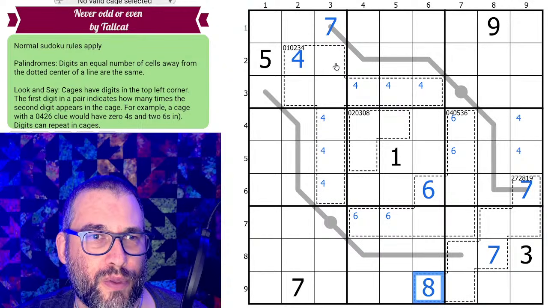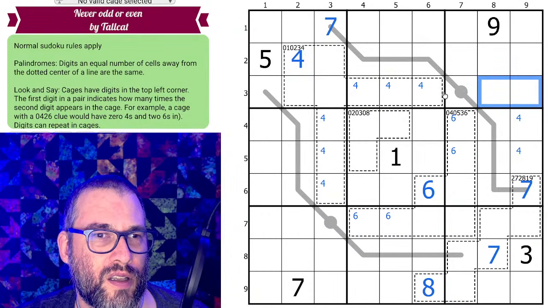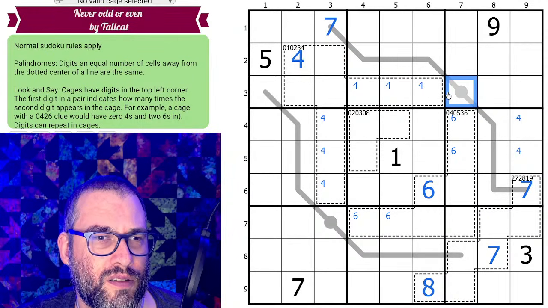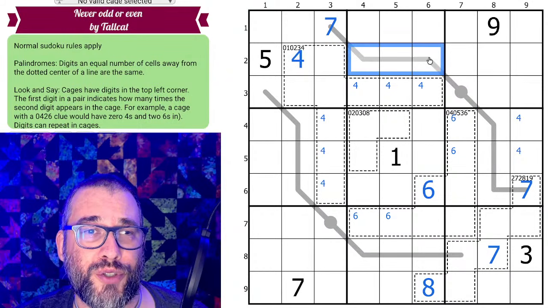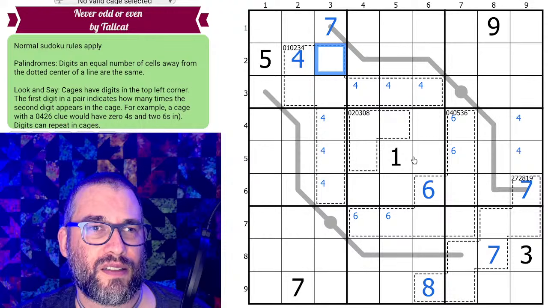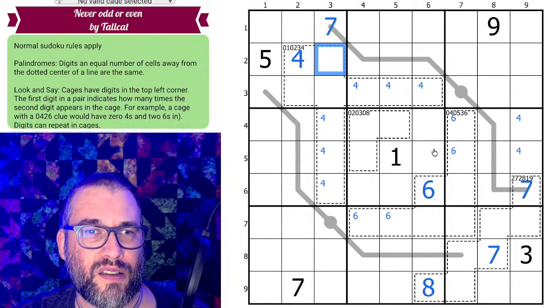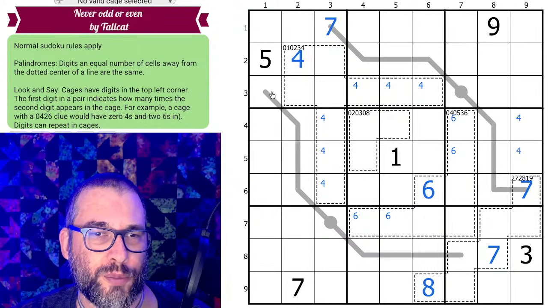7 in row 3. Let's put a pin in that. 9 in row 2. 9 in row 2 is placed. Whoops.